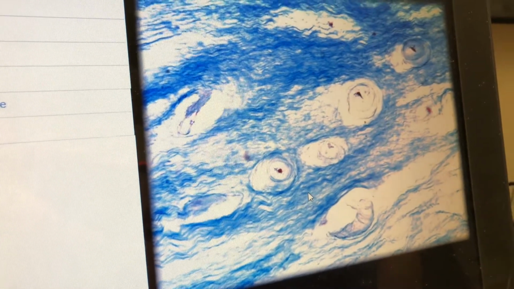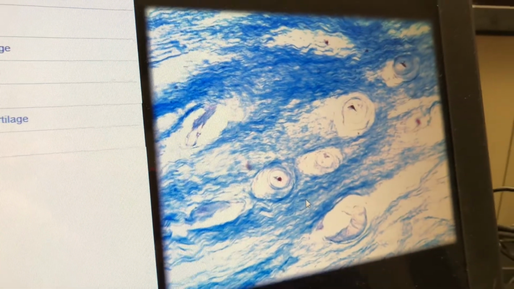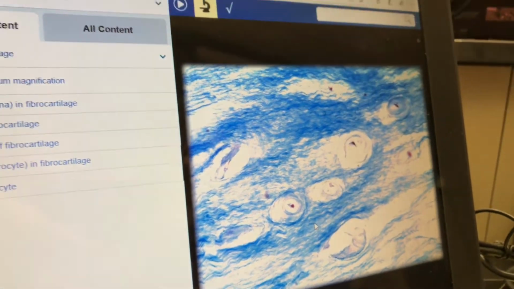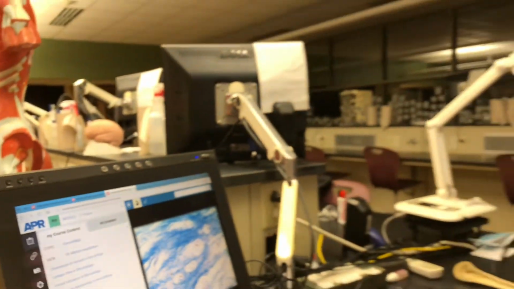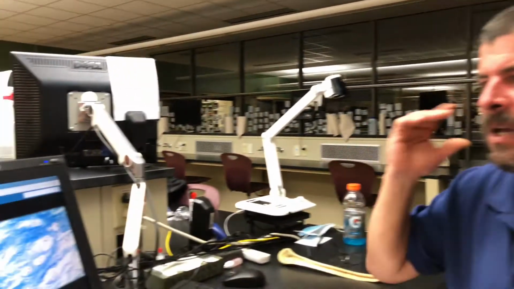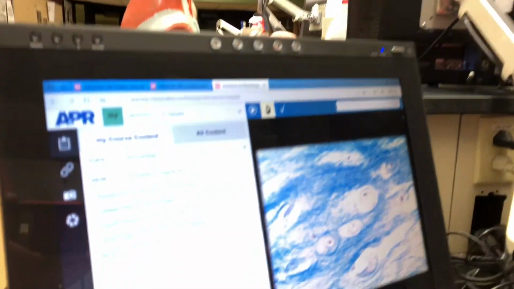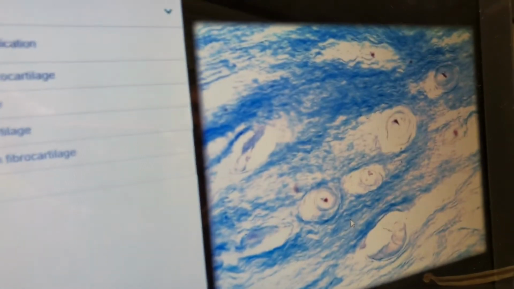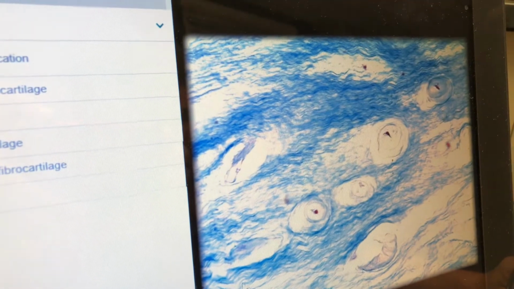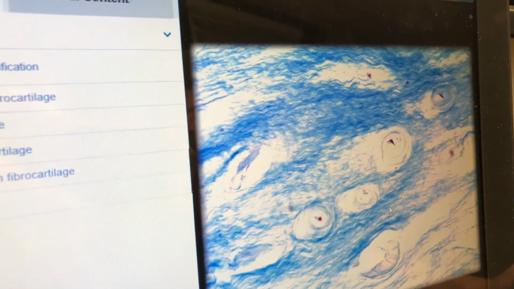There's a large number of collagen fibers, folks, found in the matrix of fibrocartilage. If you start looking at these tissues, you will very easily identify the differences between them. So again, hyaline cartilage has a clear matrix. Fibrocartilage has a matrix with wavy collagen fibers.